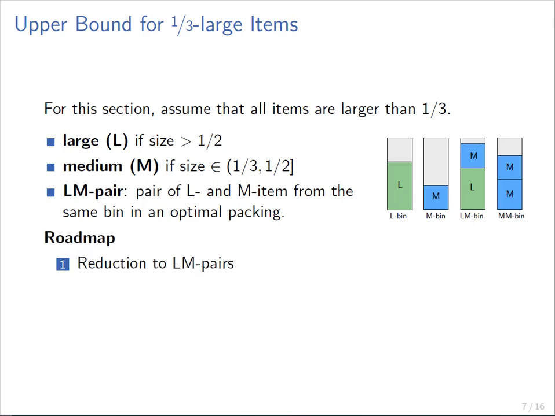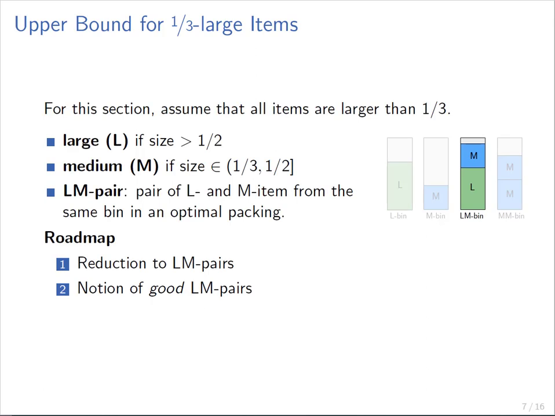On a high level, the upper bound for large items is in 3 steps. In the first step, we can show that it is without loss of generality to assume that we have an instance which consists of LM pairs only. So actually we assume that the optimal packing does not have 4 different configurations, but consists only of LM pairs, which makes it easier to analyze, of course.